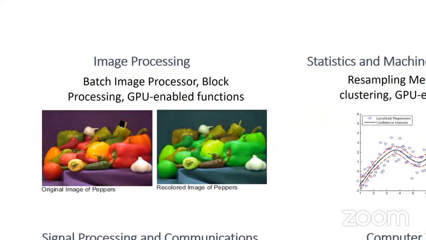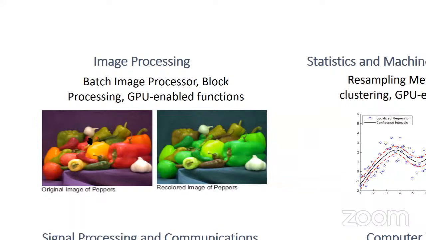Suppose I have an image data set, a batch of images that I want to process for deep learning applications. So a batch image processor is required.